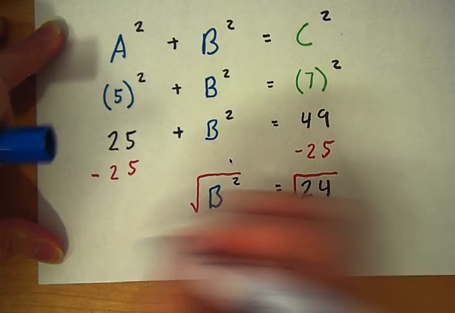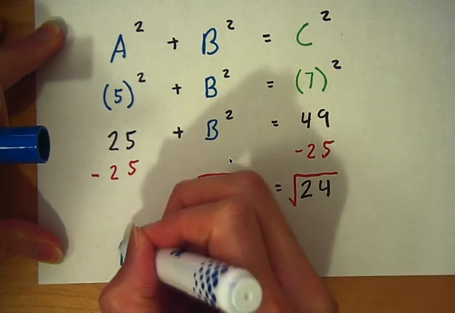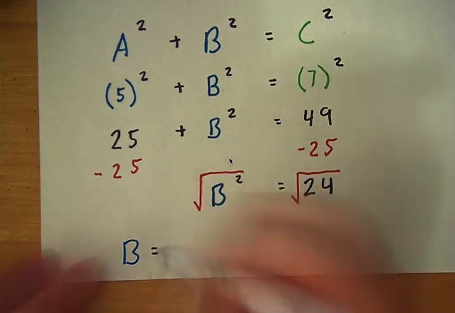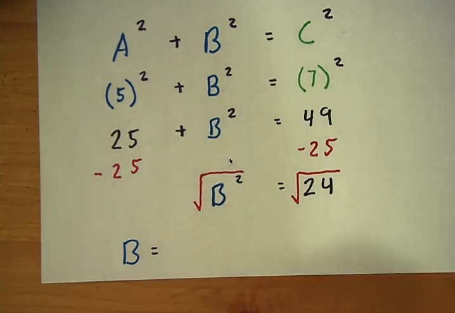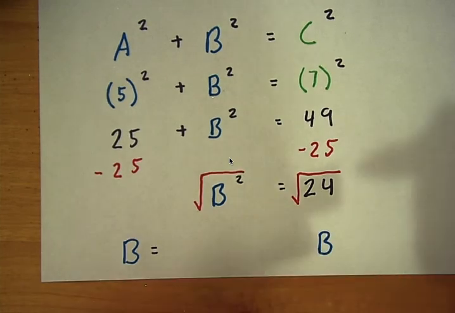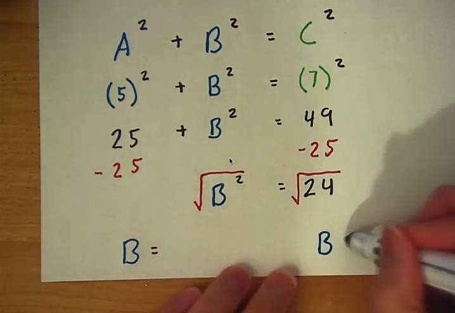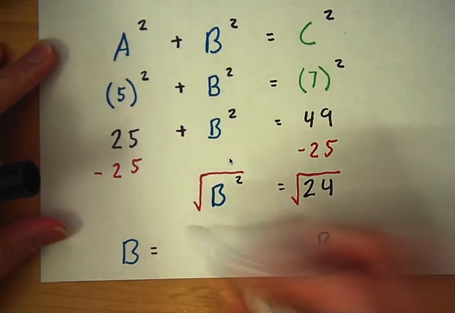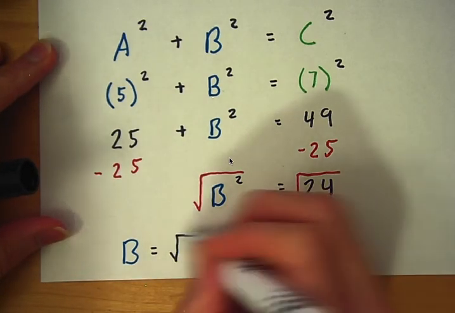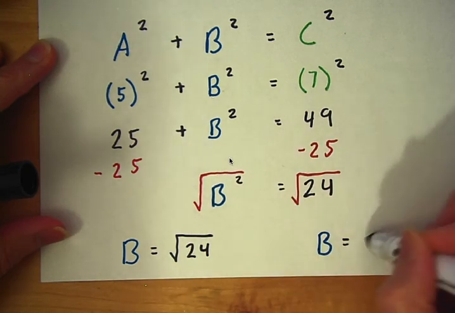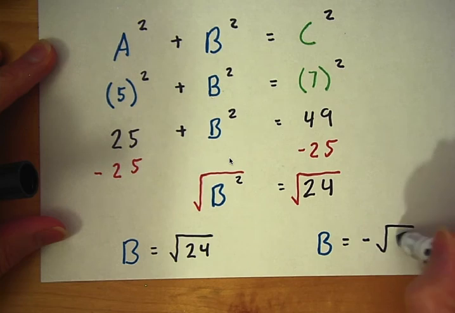So on the left side, I just have a b. And I'm splitting this into 2 possible solutions. The 2 possible solutions is b is equal to positive square root 24 or negative square root 24.